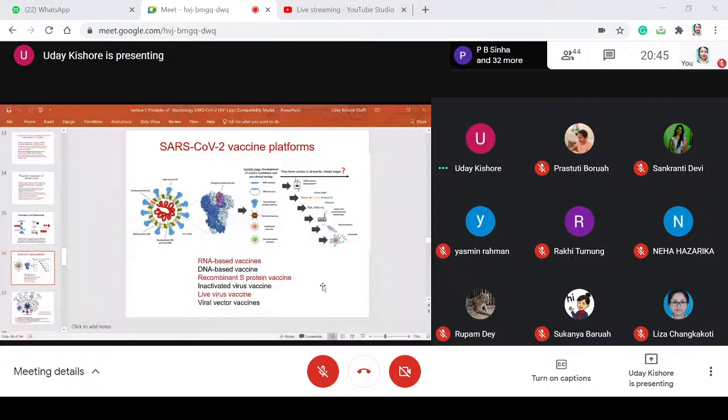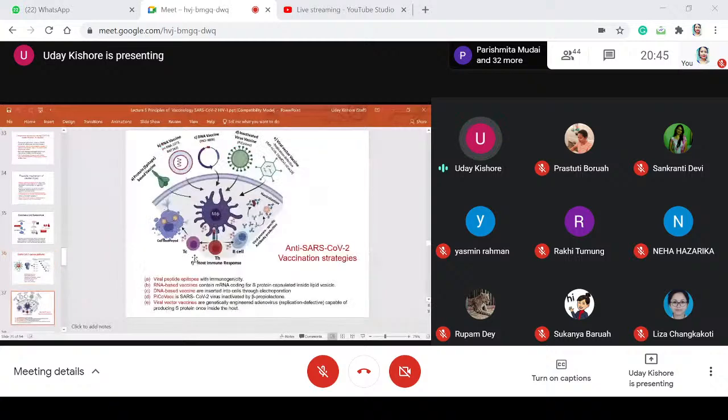And the most important things which you need to remember is that there is a protein-based epitope-based vaccine from Imperial College, the RNA vaccine which Pfizer and BioNTech are giving. Then there are DNA vaccines. There's an inactivated virus vaccine, the one from Hyderabad.